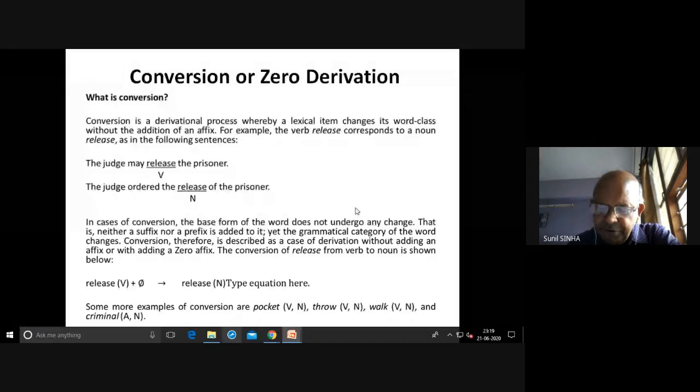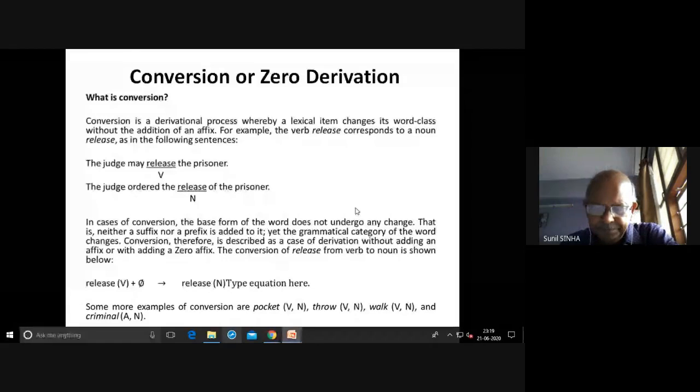So, look at this symbol. It is not coming on my screen. Look at the symbol zero. Zero with a stroke across it. This is called zero morpheme. And zero morpheme means nothing. All right.